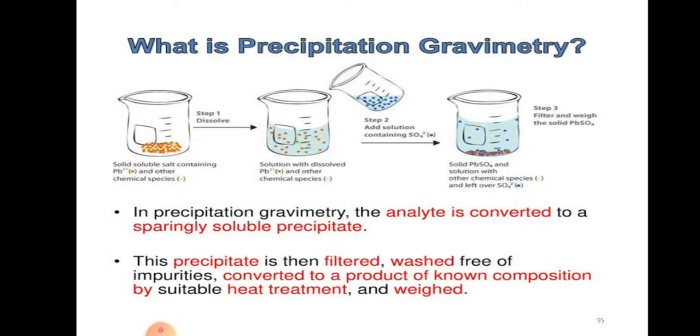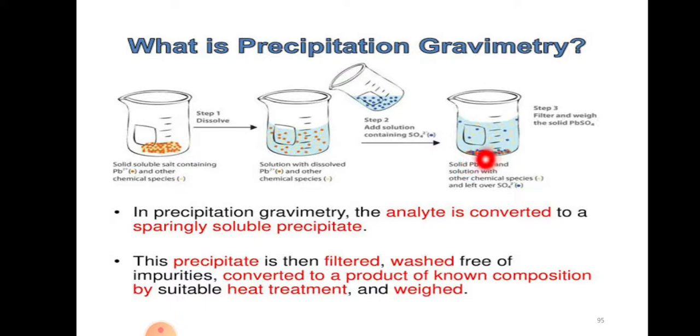In the first diagram we will see a soluble salt is present. In this we are going to add a reagent. In this case we are adding barium chloride. In the presence of barium chloride, sulfur reacts with the barium and forms barium sulfate. Here we can see the precipitate of barium sulfate is deposited at the bottom.